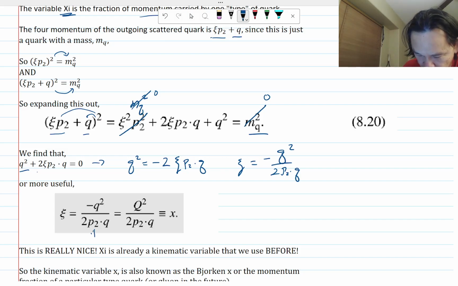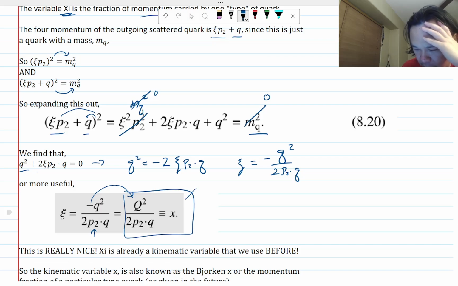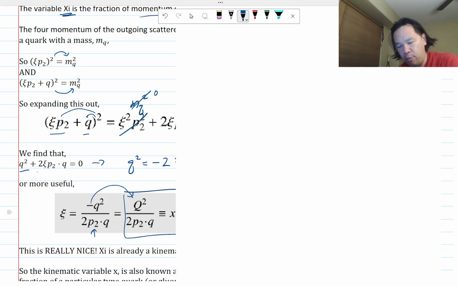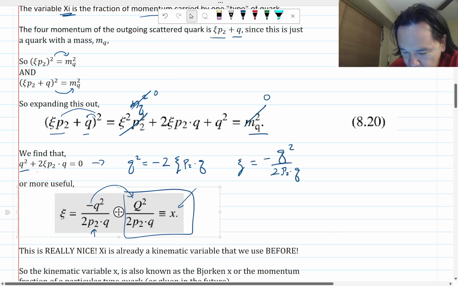And that's exactly what's written down here. Well, this looks familiar, especially if we make negative lowercase q squared into positive capital Q squared. This is exactly what we defined in section 8.1 as x.